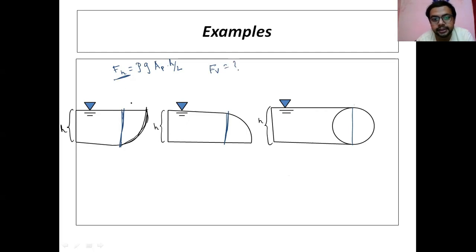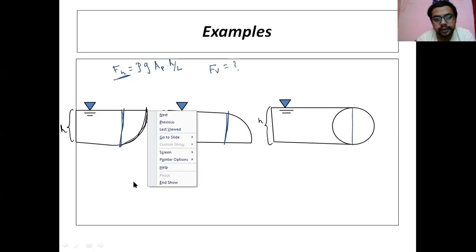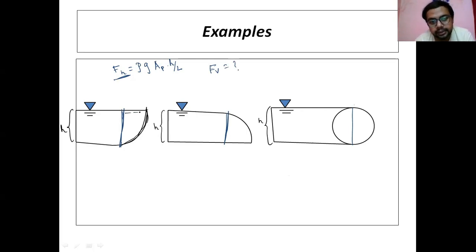In the first case, the free surface is up to here. In this liquid column, this much volume of the liquid is supported by the curved surface.